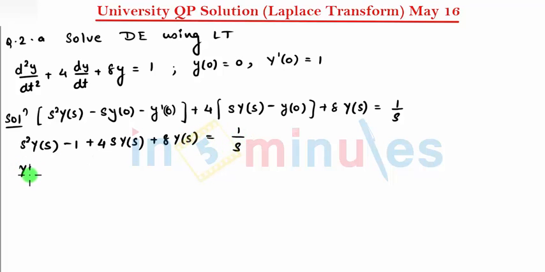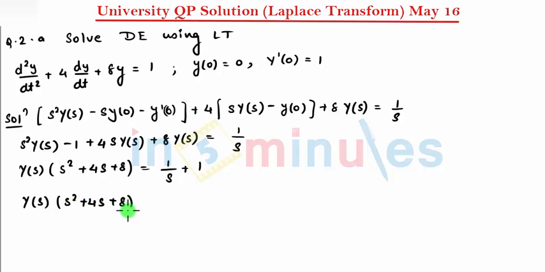Once you take Y of s common, you get s square plus 4s plus 8 is equal to 1 by s plus 1. I say Y of s times s square plus 4s plus 8, and here you get s plus 1 divided by s.